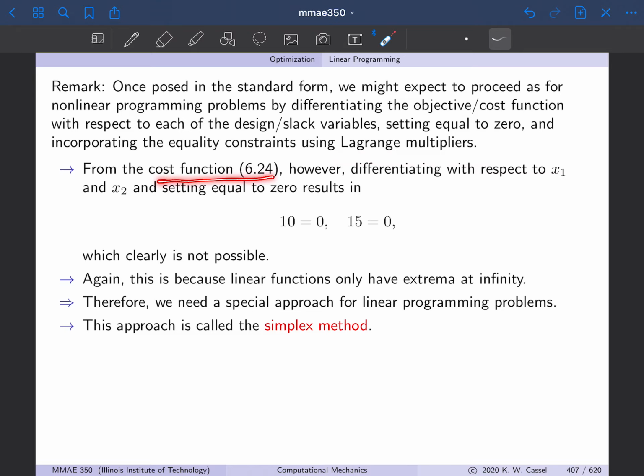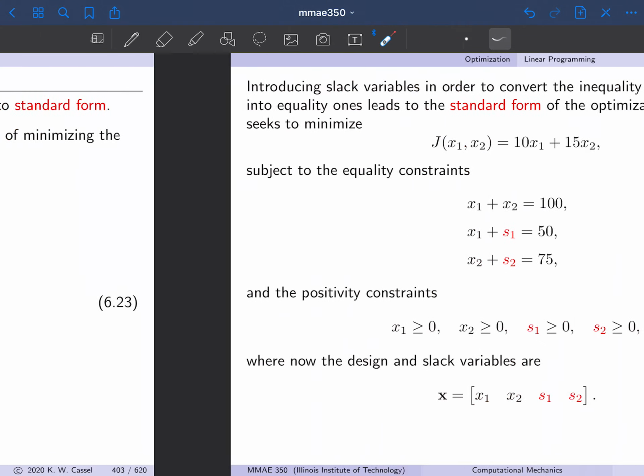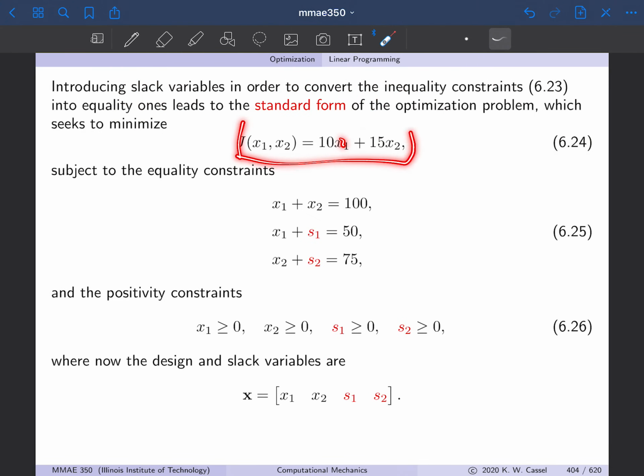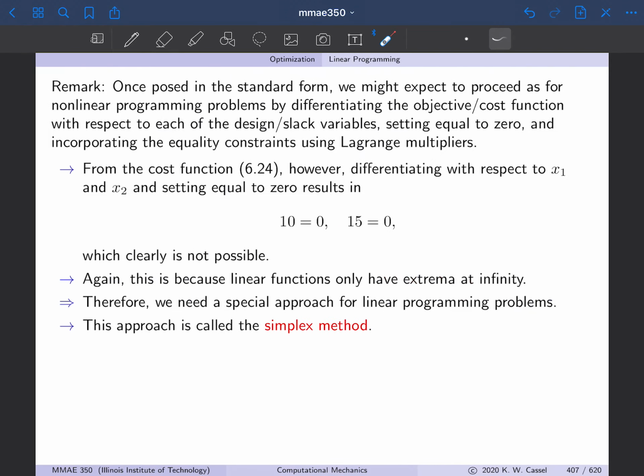So if you look at the cost functional 6.24, let's go back and look at that. So here it is: 10x1 plus 15x2 is equal to J. If you look at that cost function, and if you were to differentiate it with respect to x1 and set it equal to 0, notice what you get: 10 is equal to 0.